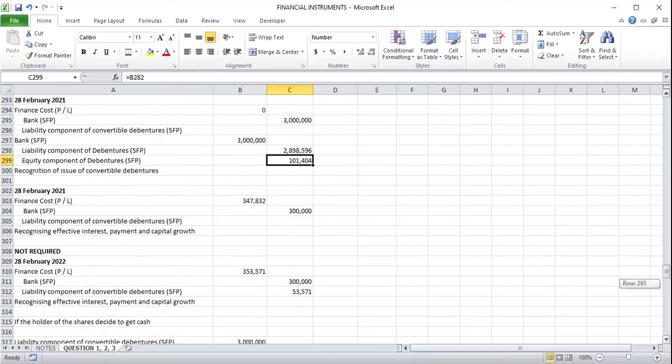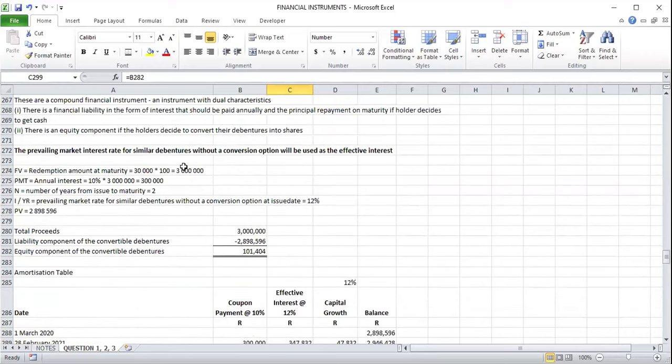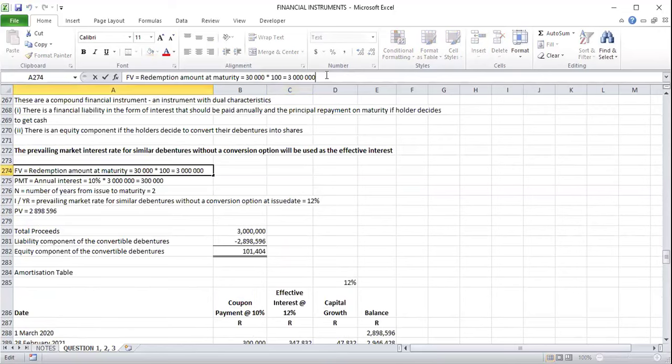Right, so here, another thing, this FV, you only include it if redemption is at the option of the holder. Otherwise, if the option is with the company, there are two other differences.